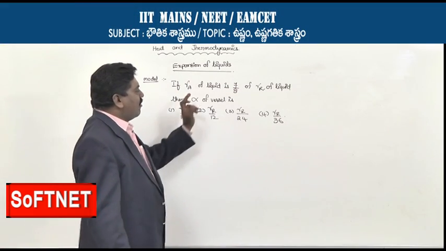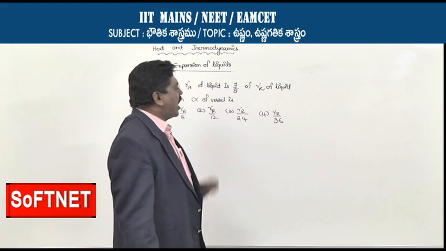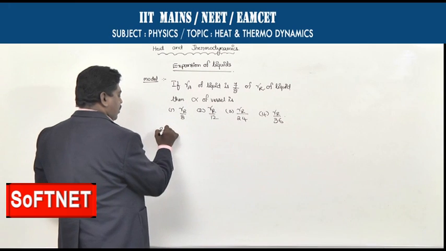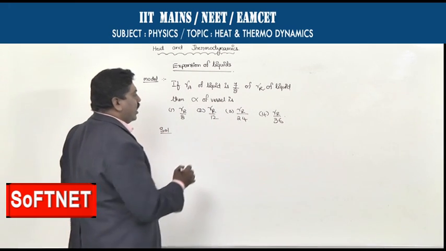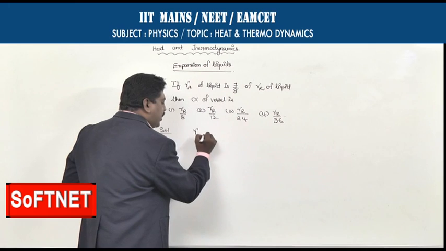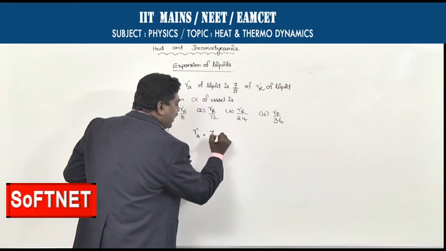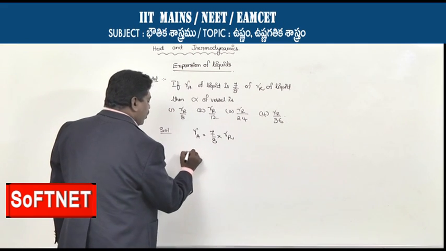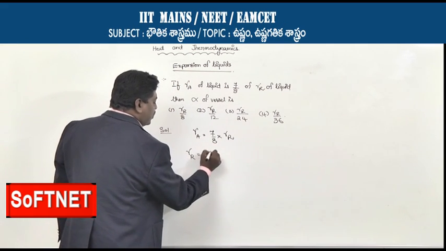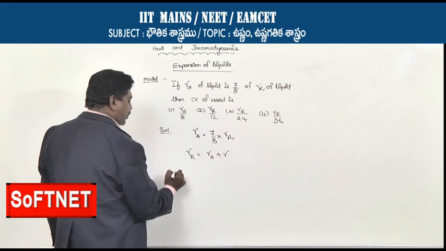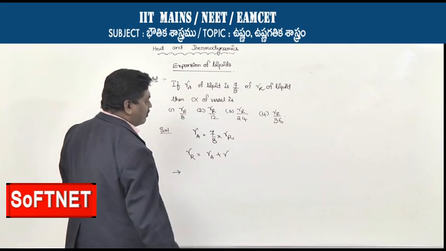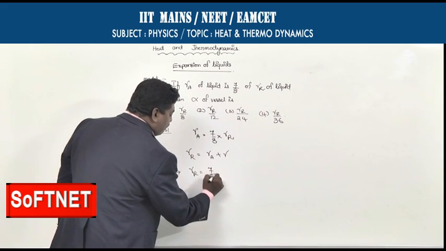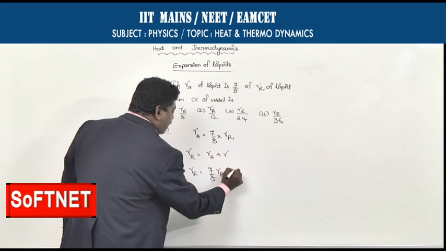If gamma A of liquid is 7 by 8 of gamma R of liquid, then alpha of vessel is? Here we are given gamma A equals 7 by 8 times gamma R. Now we know the formula, gamma R equals gamma A plus gamma. Substitute gamma A as 7 by 8 gamma R. So we get 7 by 8 gamma R plus gamma.